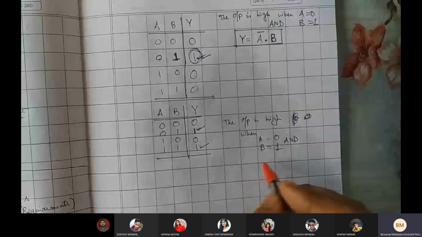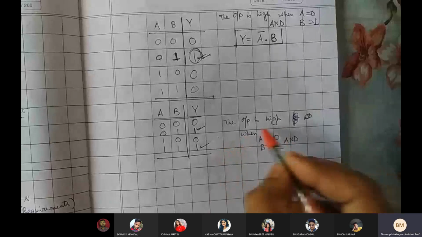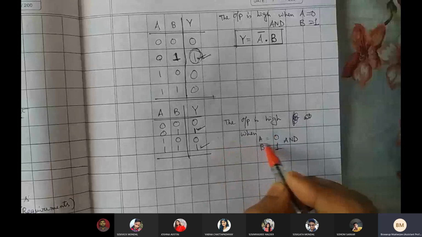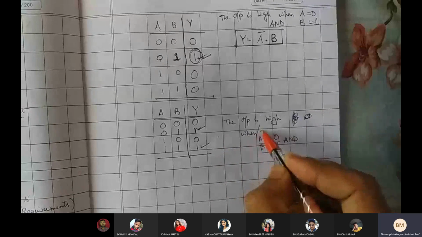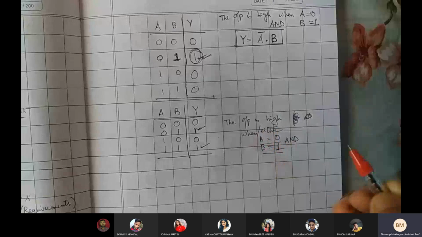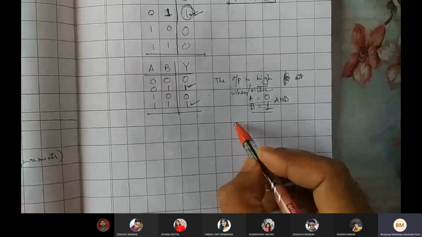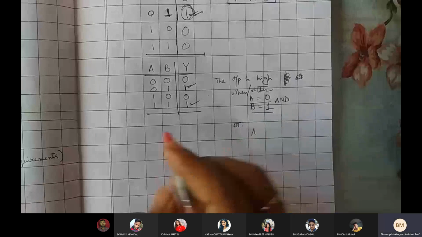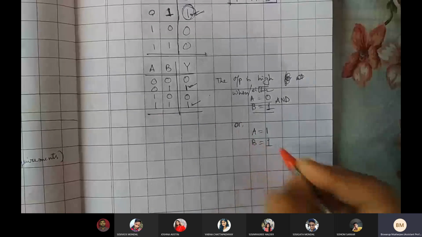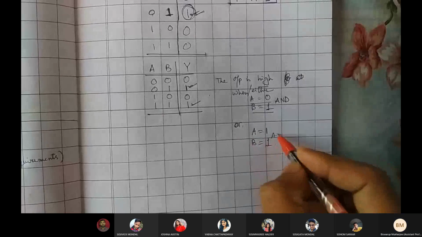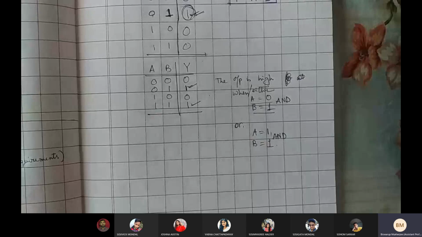Also, in either case, the output is high: either a value equal to 0 and b value equal to 1, or a value equal to 1 as well as b value equal to 1, right? This is also connected in an OR.